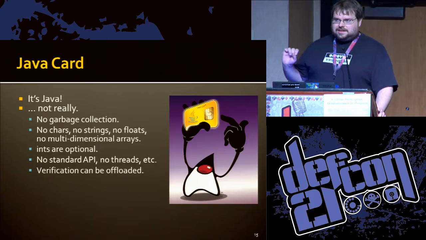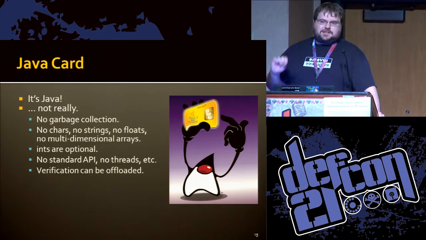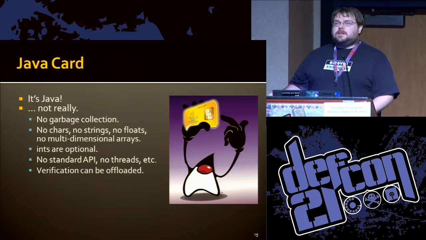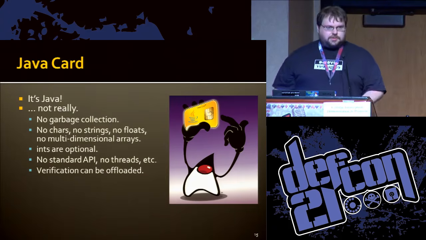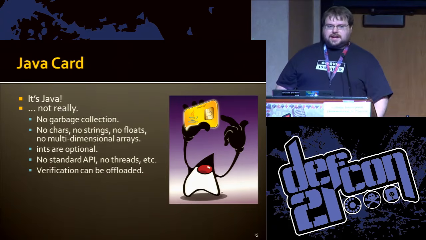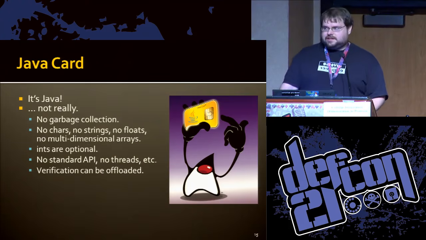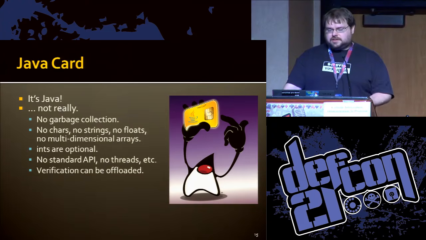One interesting thing about this is that they envision these cards as being very simple. And so what regular JVMs do when they load class files is verify that the class files are correct, so that they can't violate any of the safety and security properties that Java tries to provide.